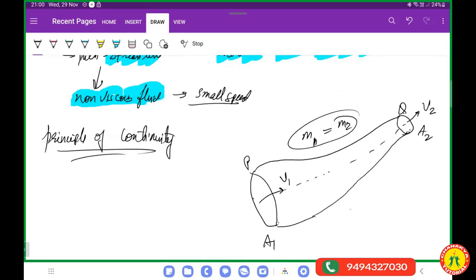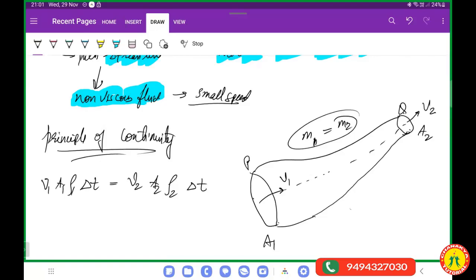So area and velocity we have: V1, A1, rho 1, delta T, and V2, A2, rho 2, delta T. From this equation we can understand that whatever mass goes in is equal to what goes out. Mass is equal. Next, rho A V for one side and rho A V for the other side will be equal.